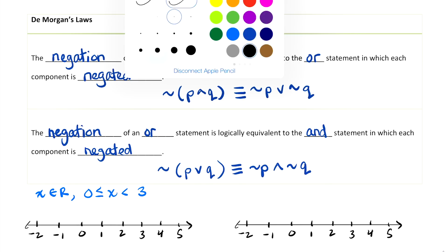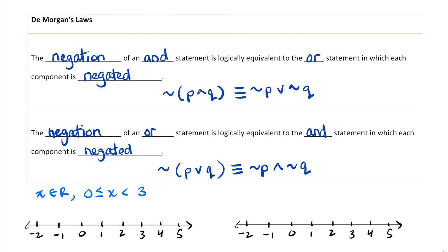When we look at what this actually represents, making this picture, it means that X is between 0 and 3, including 0. So we'll just do it with a closed circle and then an open circle. So it'd be every number in between 0 and 3 where 0 is included.